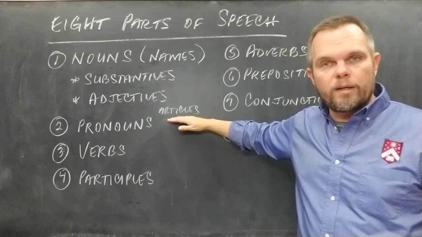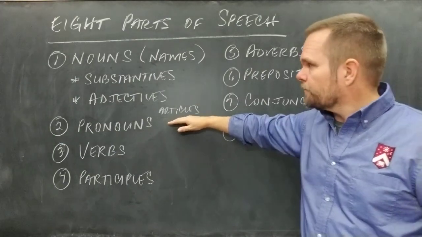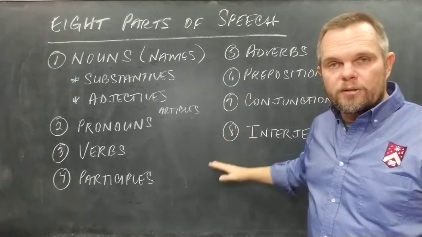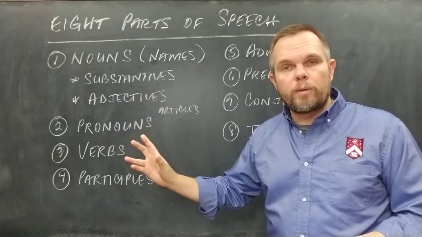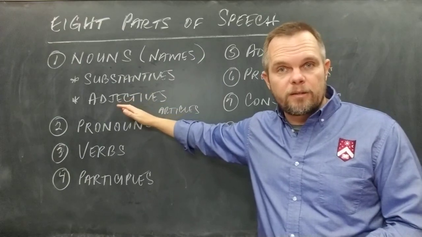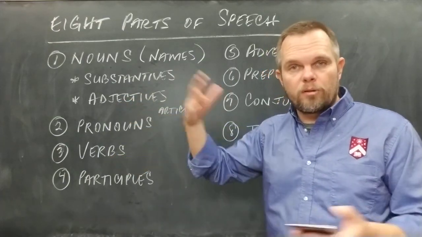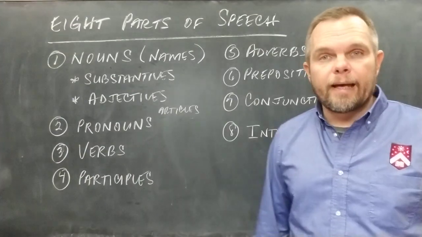But I don't want you to consider articles to be a separate part of speech. Study the 8 parts of speech and understand that articles are, depending on the language, depending on how they're used, should be considered as adjectives or as pronouns. And we'll learn more about that later. Okay? So articles, a, an, and the.